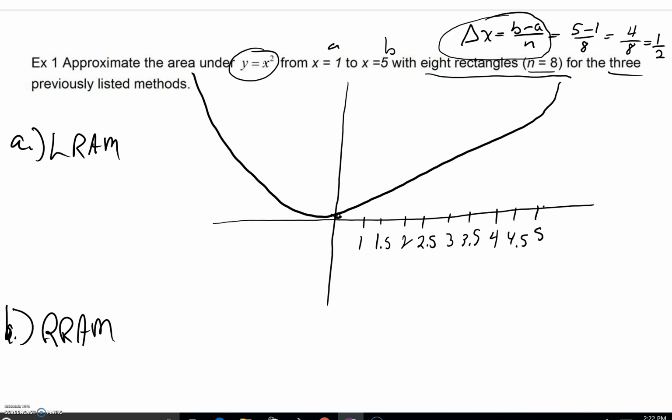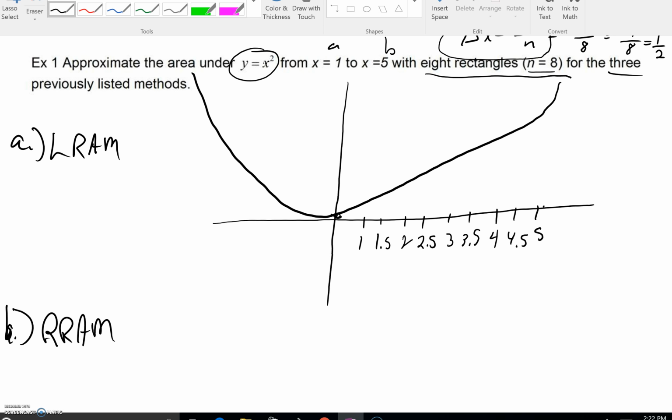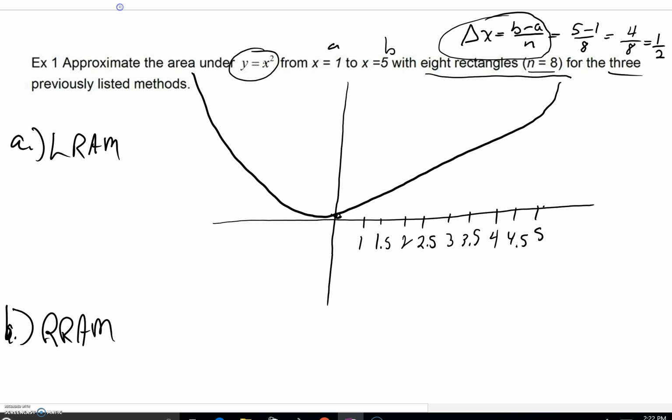But what's happening is they're saying, could you do an LRAM? What I strongly suggest that you do is you make yourself a first rectangle and a last rectangle. That can be so helpful.